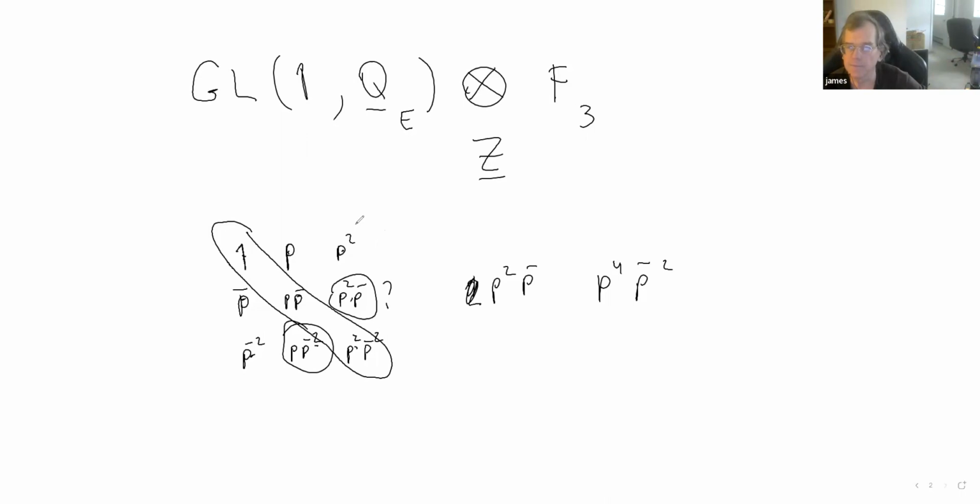You can look at the splitting behavior for either of them separately, and then you should be able to combine them together, I think, by having the abelian one act on the non-abelian one or something like that.